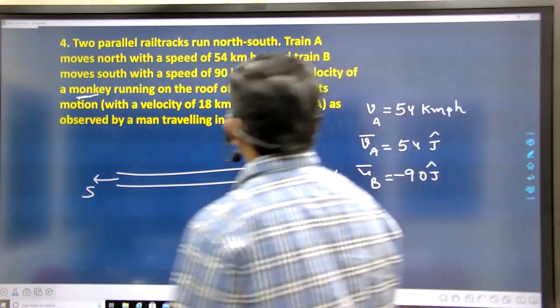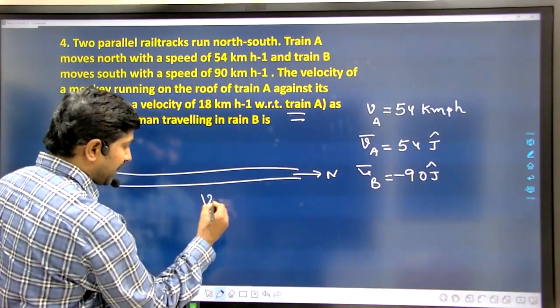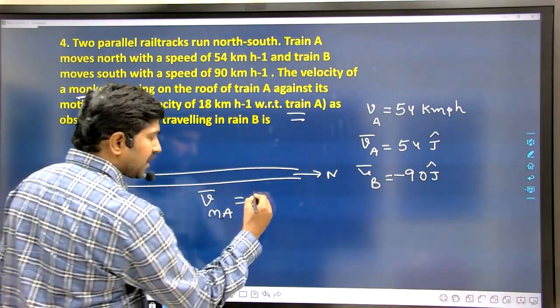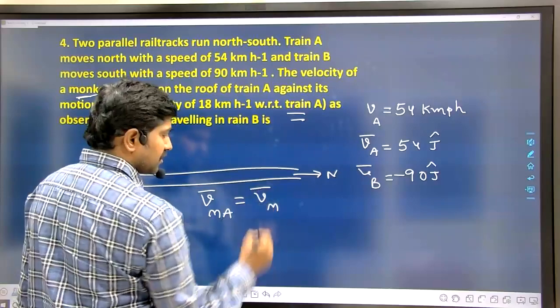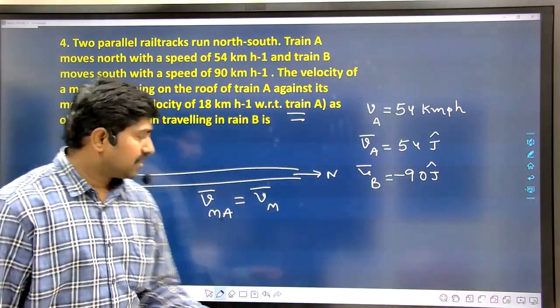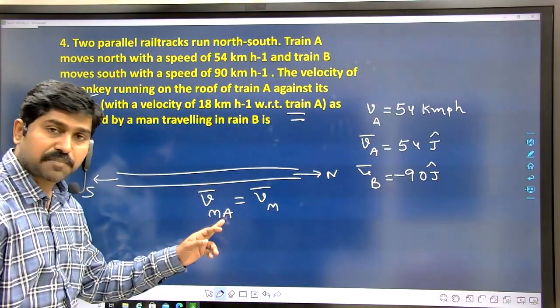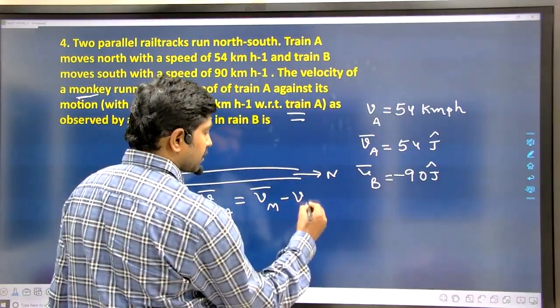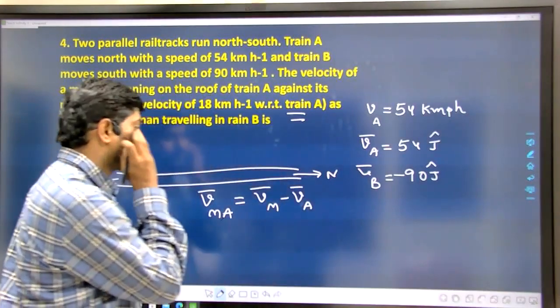Okay. Now see here, velocity of monkey with respect to A. We know the general formula. What is that? Velocity of A with respect to B is VA bar minus VB bar. In the same way, velocity of monkey with respect to A is VM bar minus VA bar.